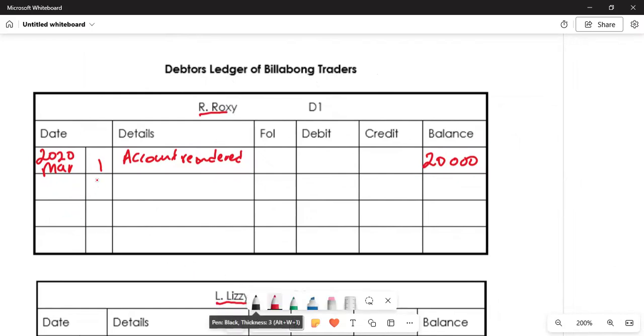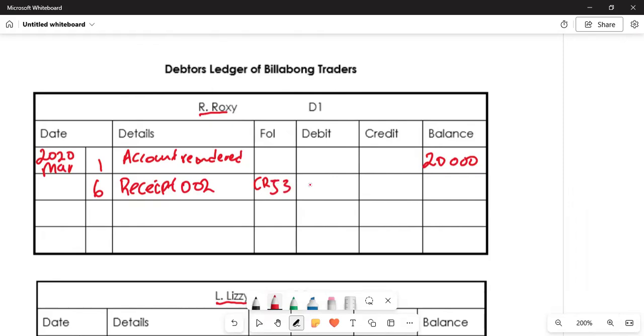So now we are going to say on the 6th, and then in the details you are going to write receipt, because you received that, which is invoice 002. For the folio, we can write the cash receipts journal, CRJ3.